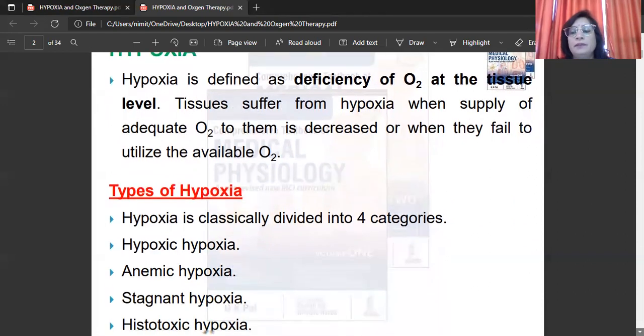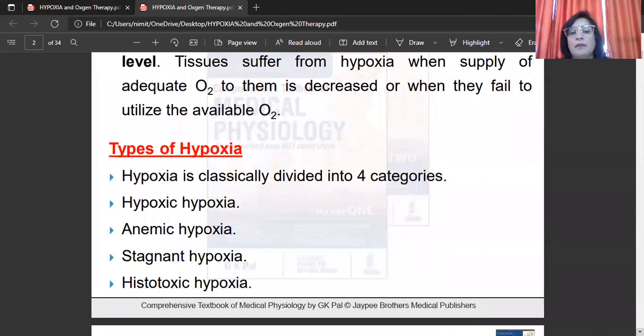Now, types of hypoxia. Please note the types of hypoxia. Hypoxia is classified into four types: hypoxic hypoxia, anemic hypoxia, stagnant hypoxia, and histotoxic hypoxia.